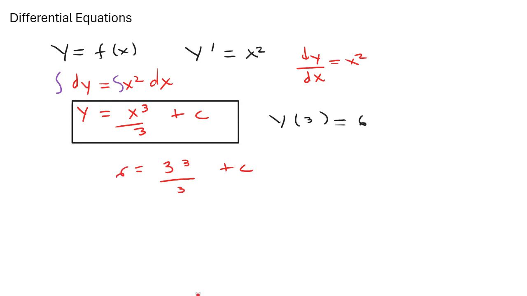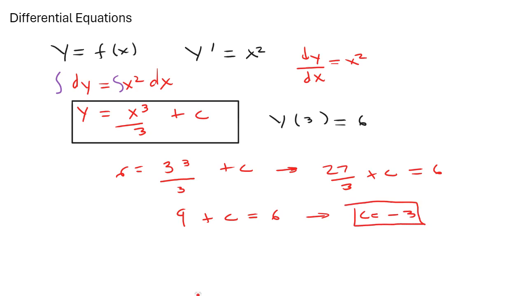So 27 divided by 3 plus your constant is equal to 6. Notice that this is 9, so you have 9 plus c equals 6, which tells you that c equals minus 3. So a solution would be y equals 1/3 x cubed minus 3.